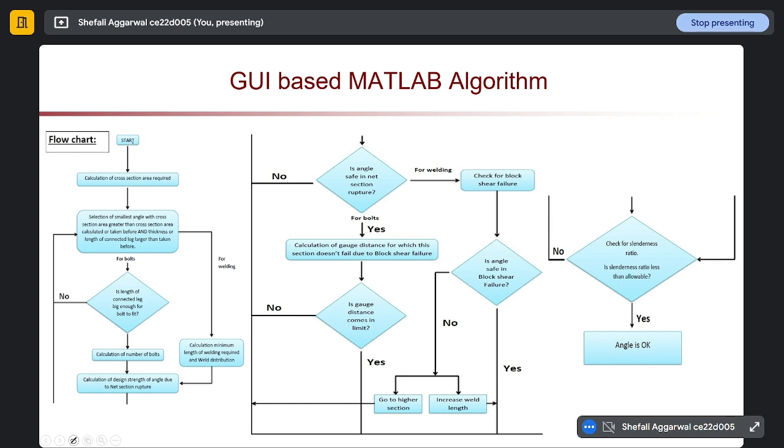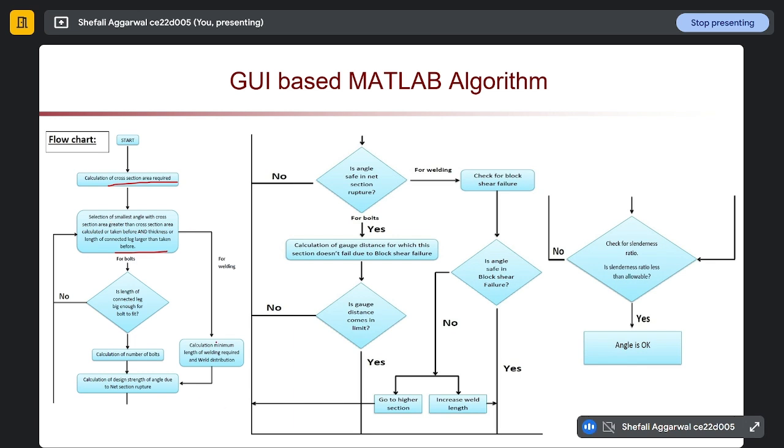It is a similar thing. First we will calculate the area required, then we will select the section, and check if the length of the connected leg is enough for the bolts to fit. If it is yes, then we will go further. If it is no, then we have to repeat our step.